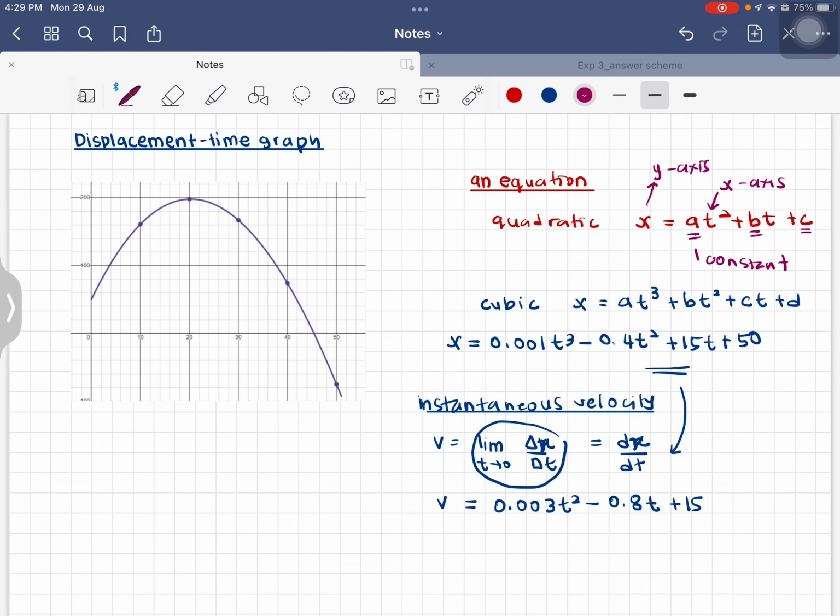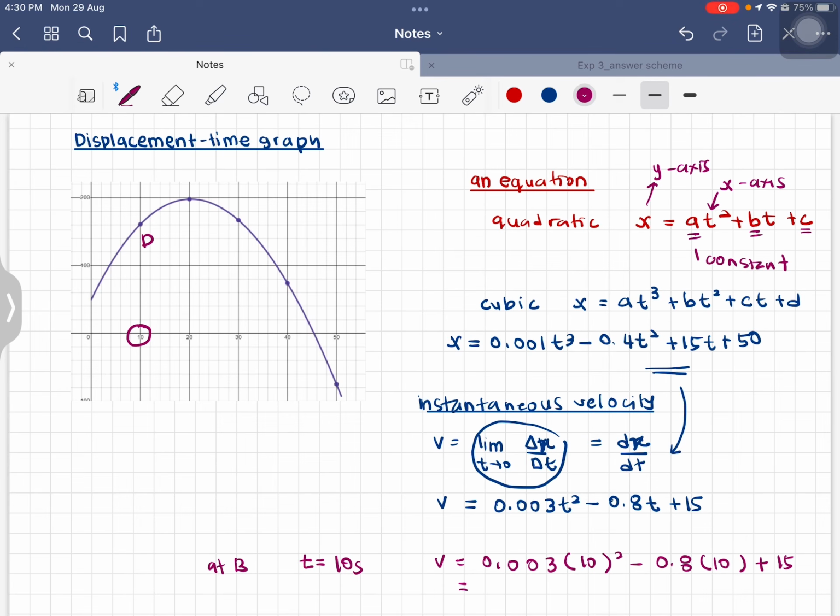If I want the velocity at b tadi kan, dekat b ni, t equal to 10 second at b. I just substitute into the equation. 0.003, my t is 10 second, square minus 0.8 times 10 second plus 15.